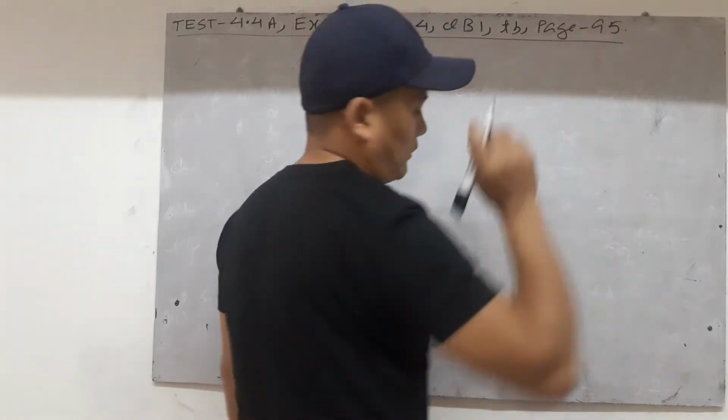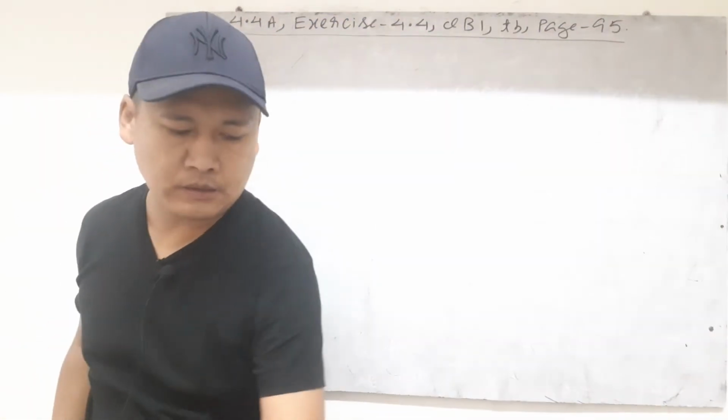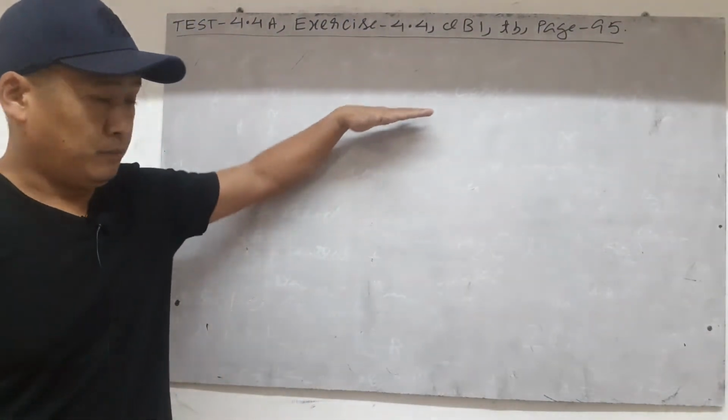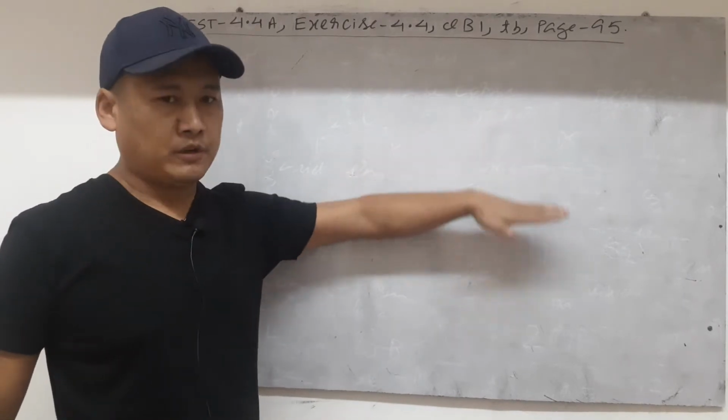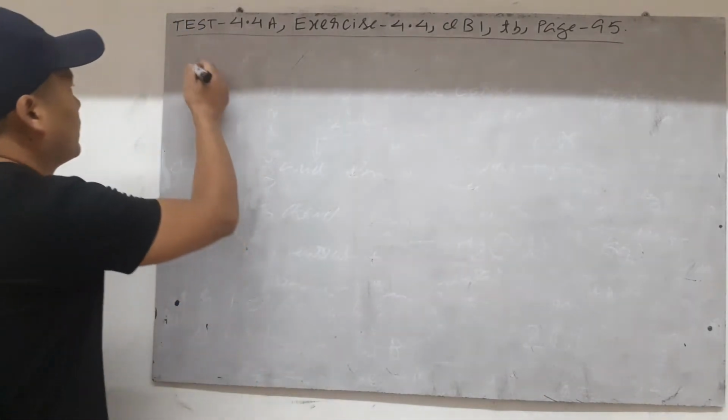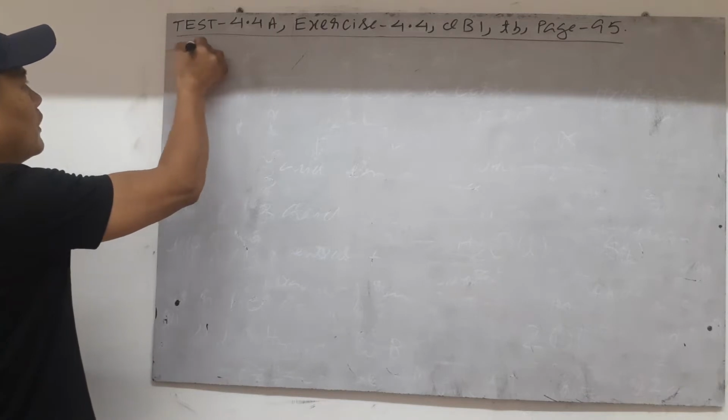Let us start. Before we start this, let us remember the three primary conditions we're going to use for a quadratic equation. Now you can write it down.